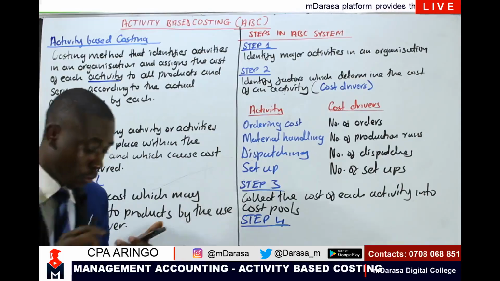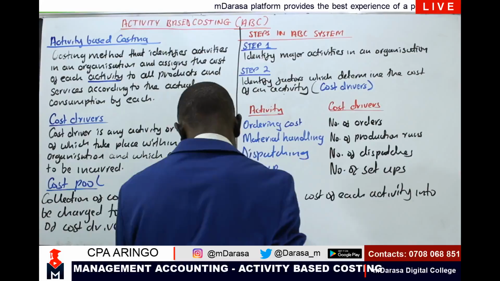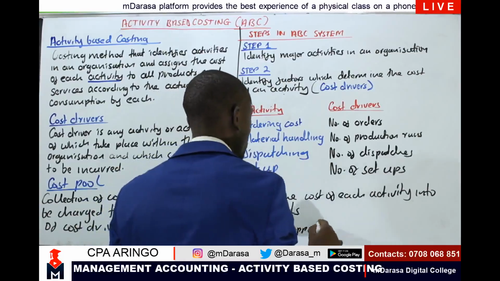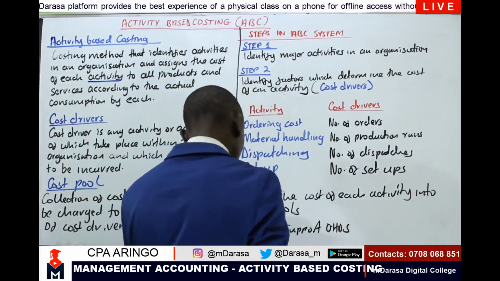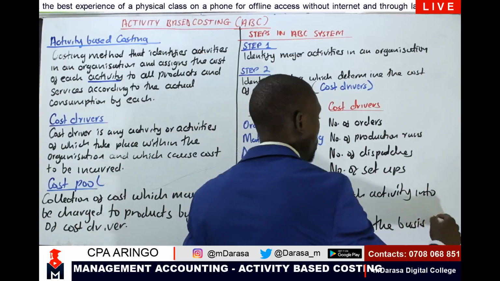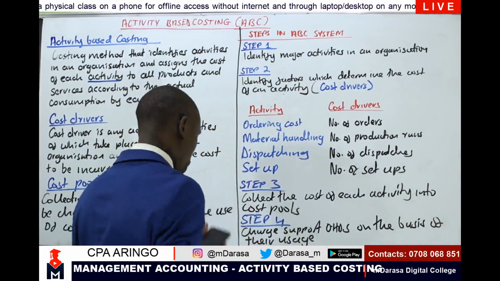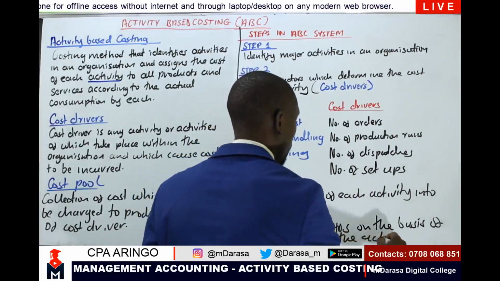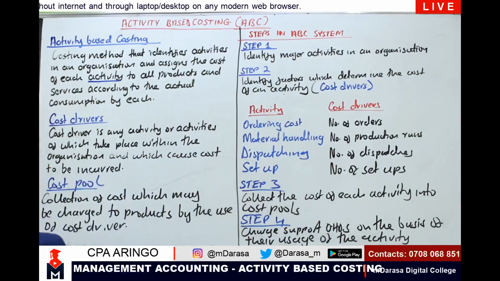For step number 4, we are going to charge support overheads to products on the basis of their usage of the activity. So basically, that is what we are talking of.